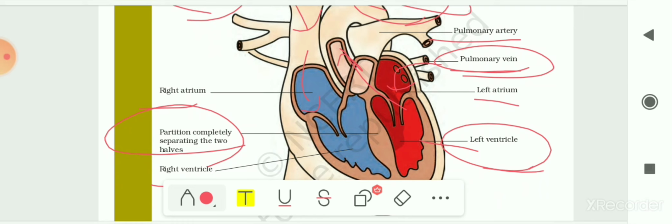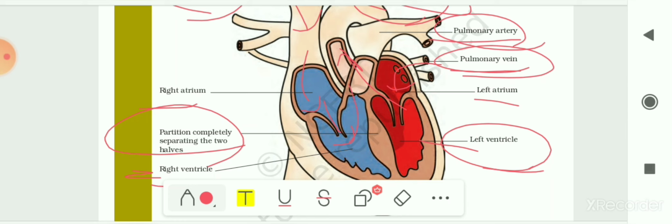Once this right atrium is fully filled with the blood which is rich in carbon dioxide, it will start contracting, and at the same time this right ventricle will expand, so the blood will empty into this right ventricle. And once this right ventricle is fully filled with the blood, it will empty to the lungs, or the blood will reach the lungs from the heart through this pulmonary artery.